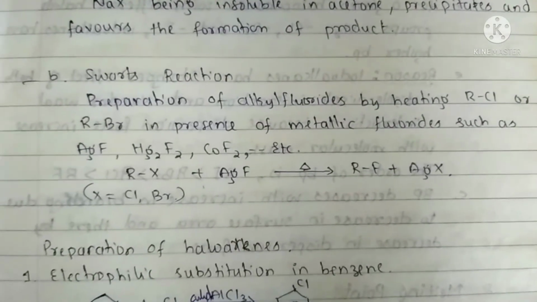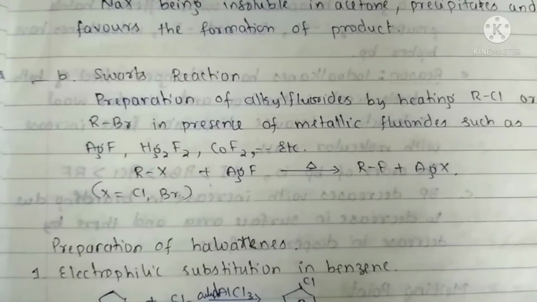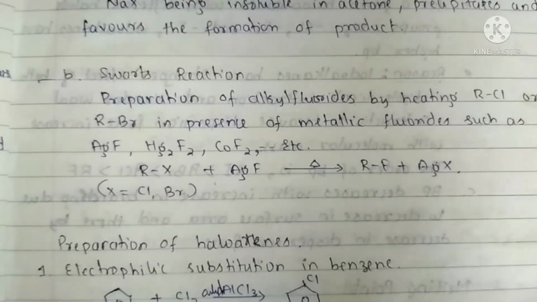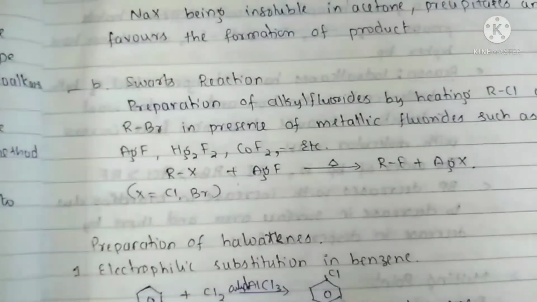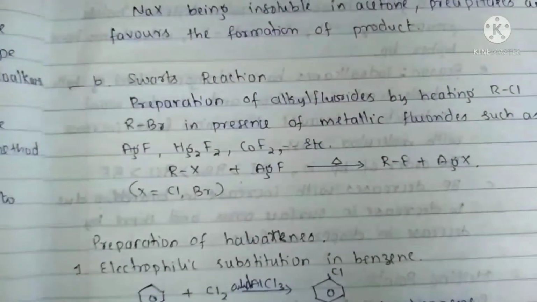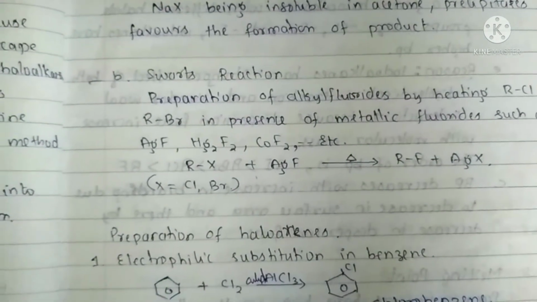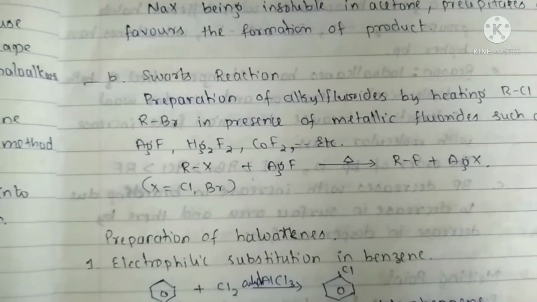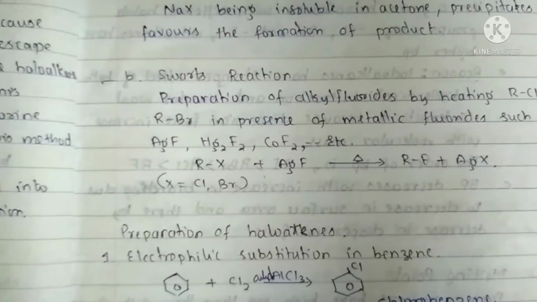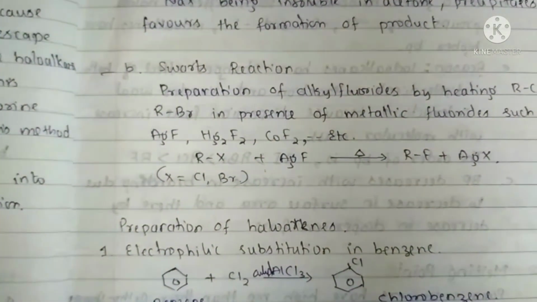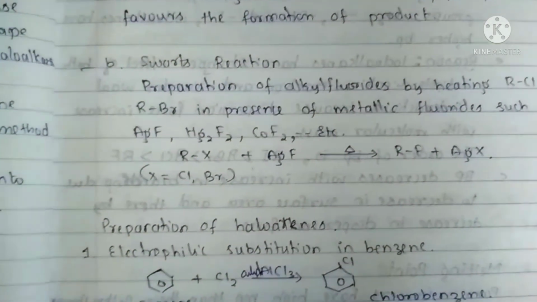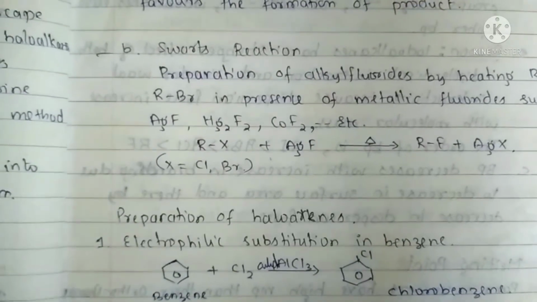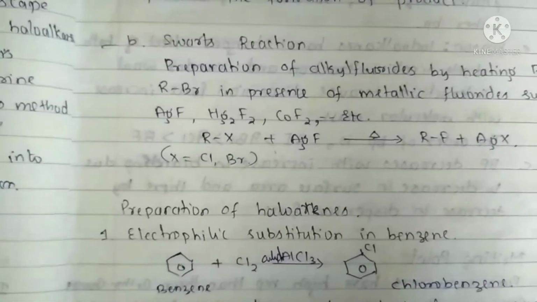And in the case of Schwarz reaction, we see the preparation of alkyl fluoride by heating the chloroalkane or bromoalkane in the presence of metallic fluorides. Metallic fluorides can be silver fluoride, mercuric fluoride, cobalt fluoride, etc. The haloalkane which we have taken, of chlorine or bromine, reacts with silver fluoride in the presence of heat. It will convert into fluoroalkane, and a byproduct is formed, silver halide.